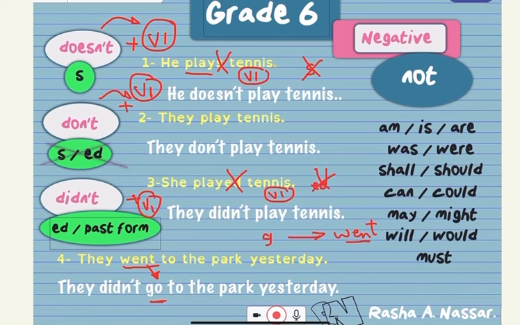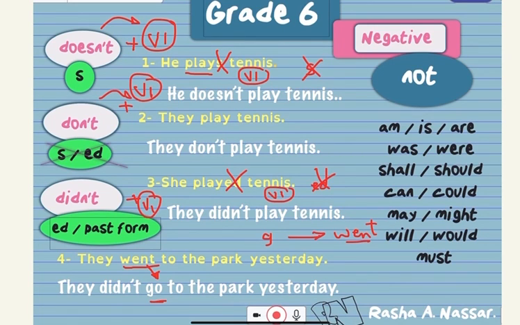And if you don't see s or ed, you will use don't, followed again by V1.